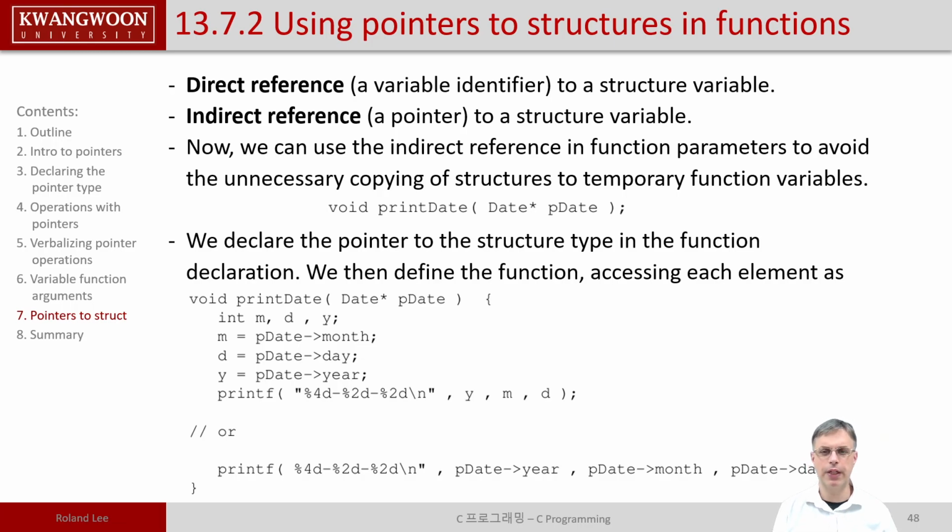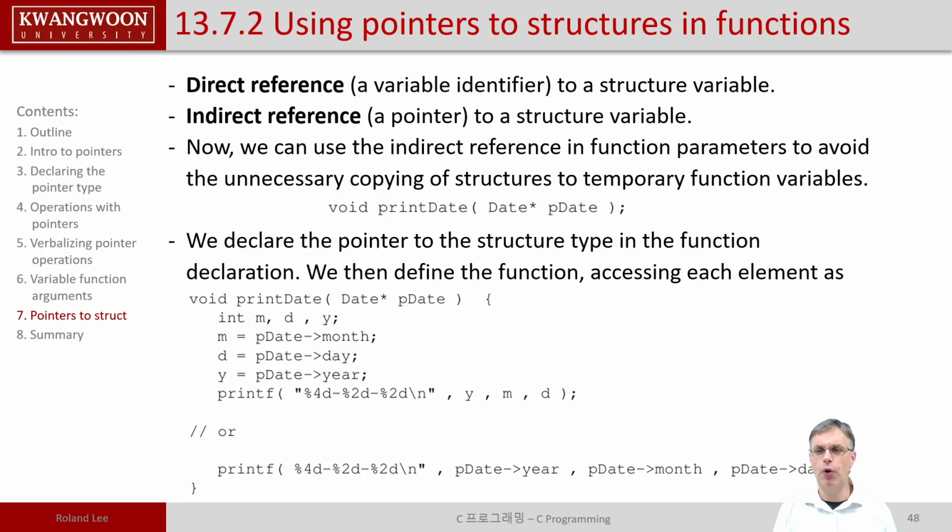to a structure variable. We can use the indirect reference in function parameters to avoid the unnecessary copying of structures to temporary function variables. We can use the structure pointer in function parameters as follows. You see here, void print date star pdate.